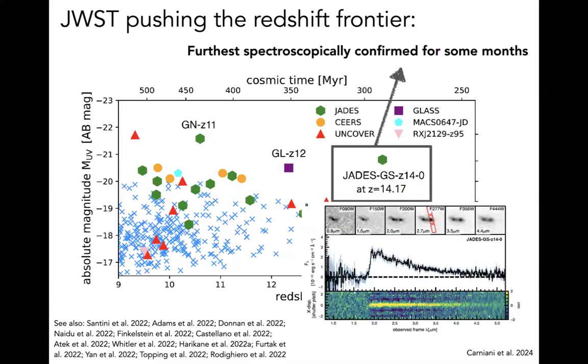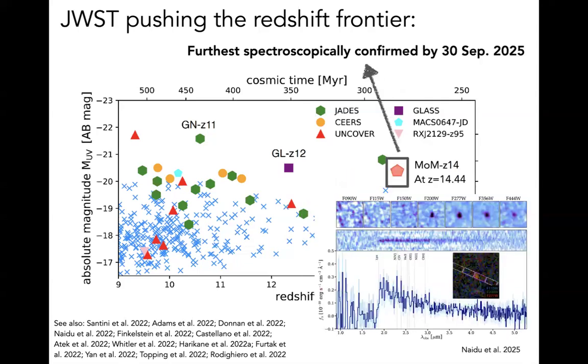And amazingly, for some few months, we had this one, JWST 14.0, as the highest redshift candidate at redshift 14.17. There is a very nice spectrum from NIRSpec. This galaxy here that you're seeing, and the other one is the background. This was the highest redshift galaxy for some months, but then we are finding even further galaxies.